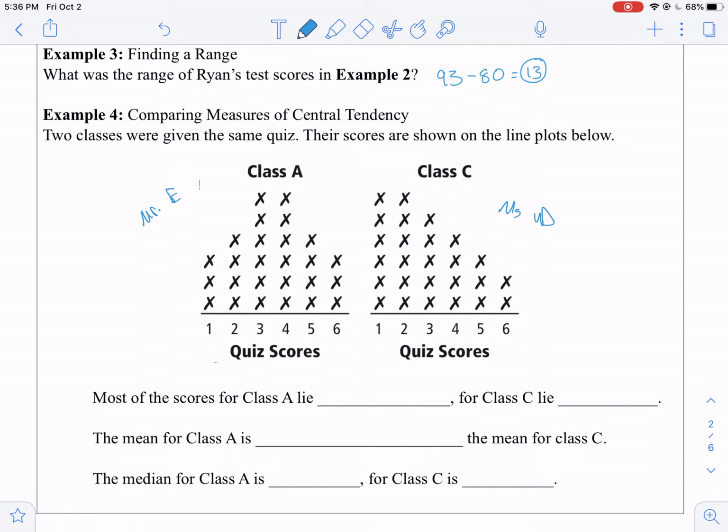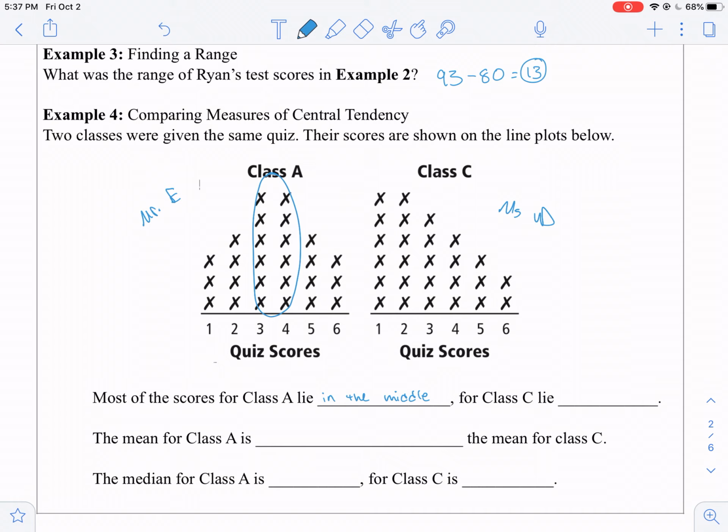let's figure it out. So when looking at this, for class A, which is Mr. Esslinger's class, I'm seeing that a lot of his scores lie in the middle, right? He's got 12 scores that are a 3 or a 4.